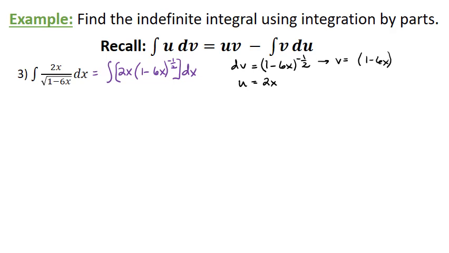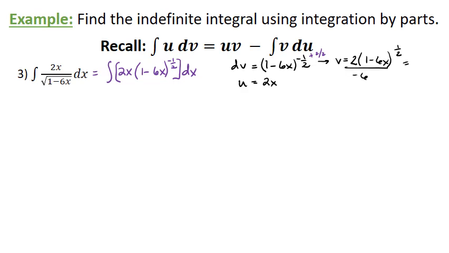I'm going to add 1 to the exponent here. So this gives me an exponent of 1/2. I will divide by that, which is the same thing as multiplying by 2. And then I'm going to divide by the derivative of the inner function. So I will divide by a negative 6.